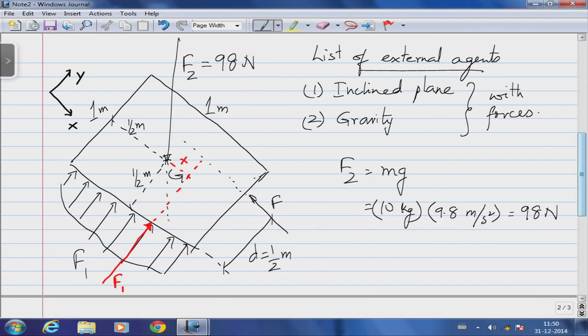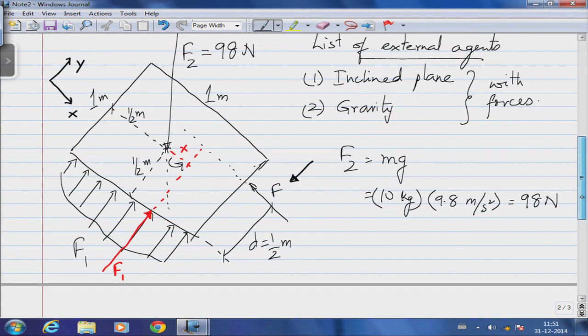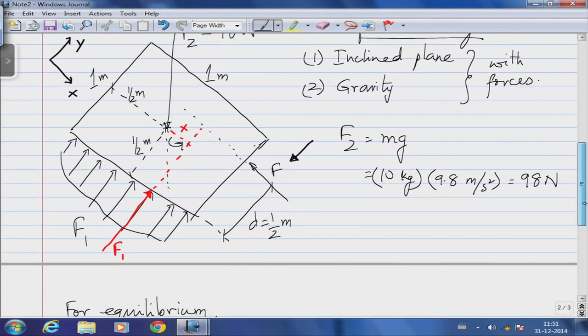Say for example, if I choose this x and y as I have drawn here, the force F1 indicated in red here is along the y direction, positive y direction as a matter of fact. The force F is along the negative x direction. So, they each do not contribute either a y or an x component respectively. It is only the weight F2 that I have to now resolve into its components in the x and y direction.